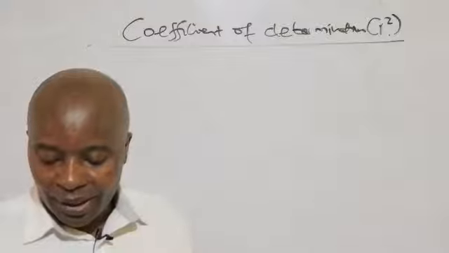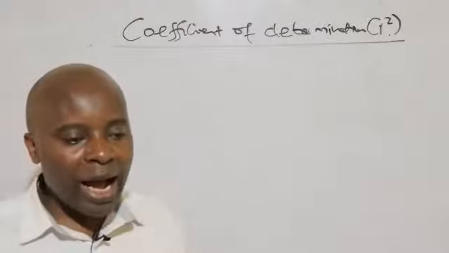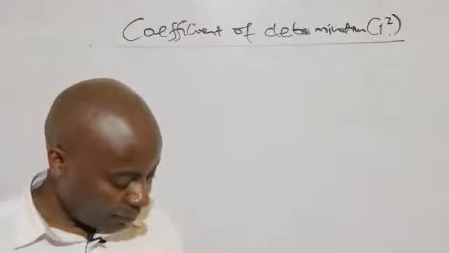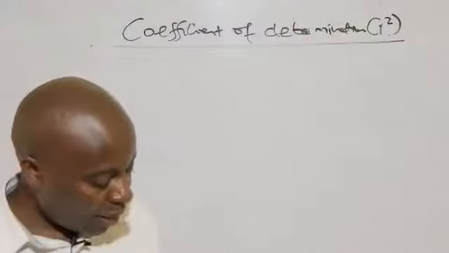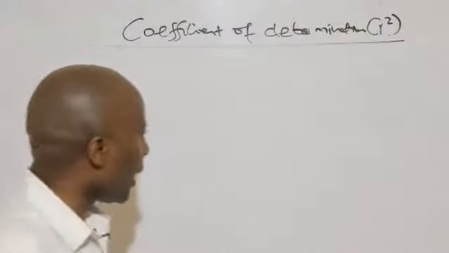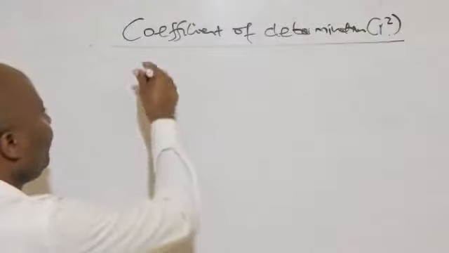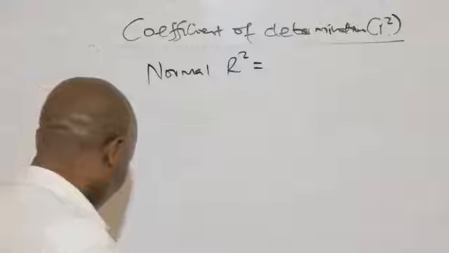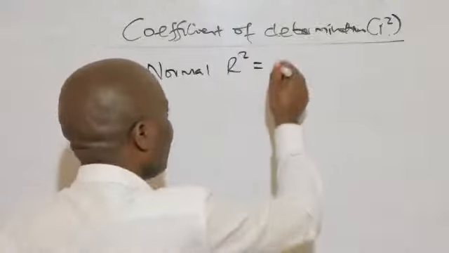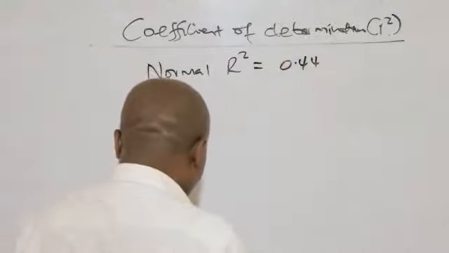Now, ladies and gentlemen, here they have given us two R squared values. There are two of them. We have the normal R squared, 0.4478, 17.